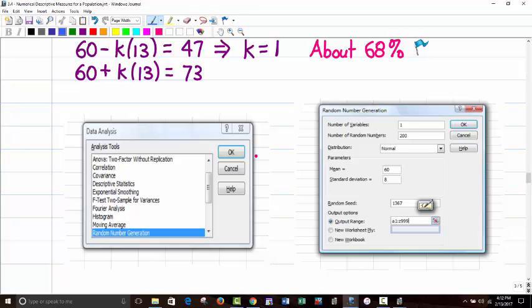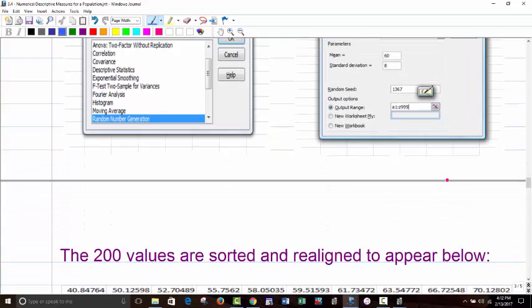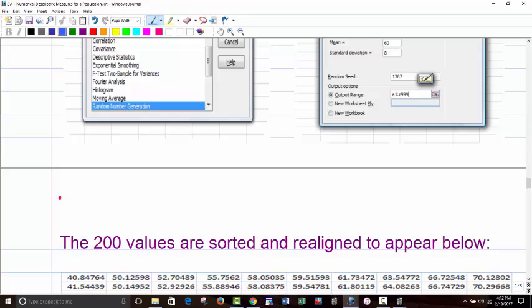Better the more you do, but I chose a normal distribution. Mean is 60, standard deviation is 8, and I wanted to count to see how close the number of values is to the empirical rule. Are the percentages close to the empirical rule? So this is just an exercise, testing a set of data and seeing how it worked.